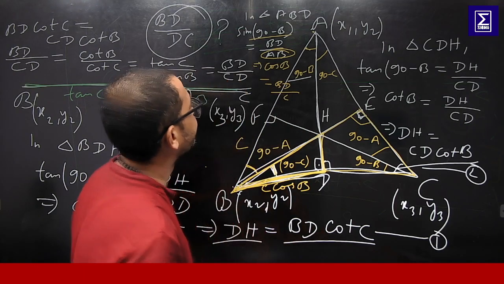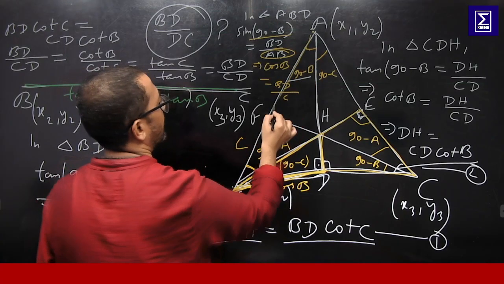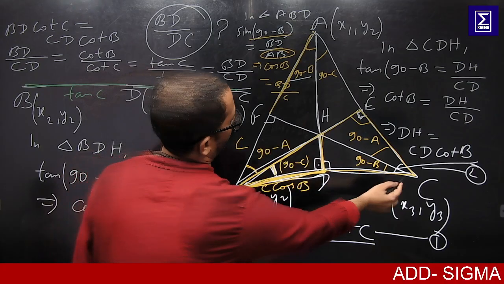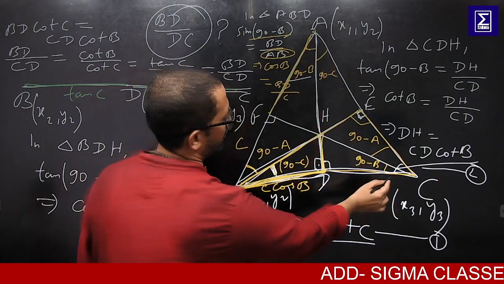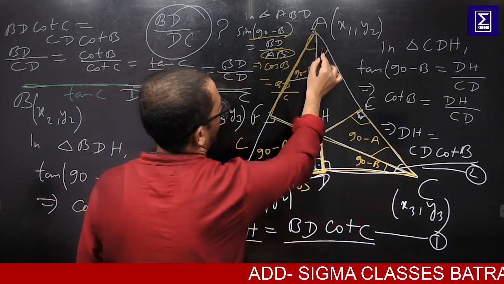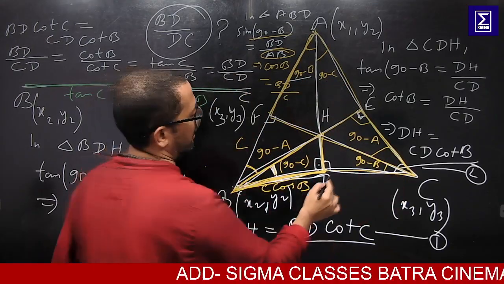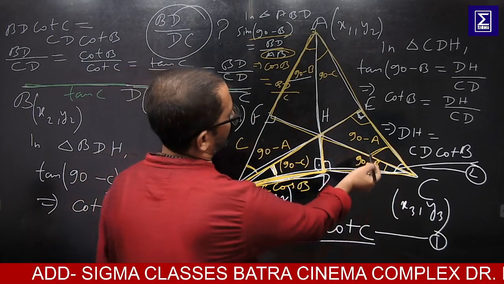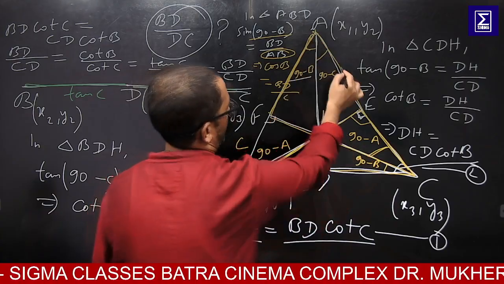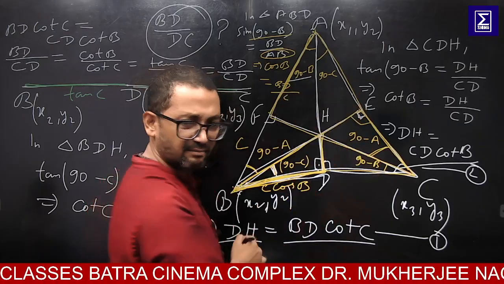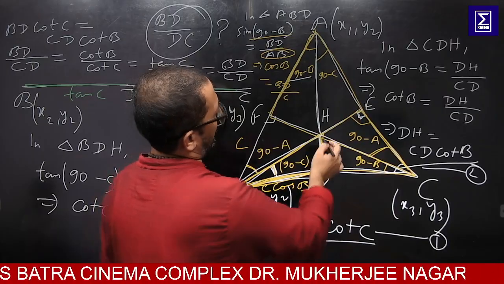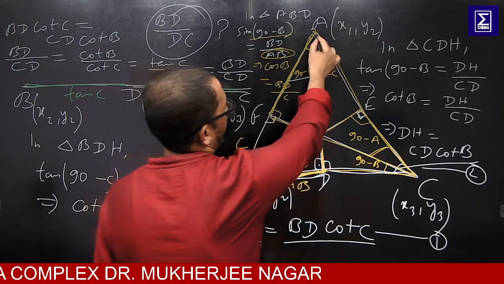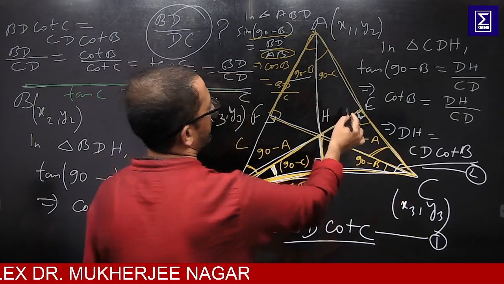Here see, we need to get this length AF as well. For AF, we will take the triangle CFA. In this triangle, this angle is 90 minus A. So this relation, this one and this one, this is P and this is B. This is the perpendicular and this is making an angle of 90 degree, and AC is the hypotenuse, so AC will be small b.